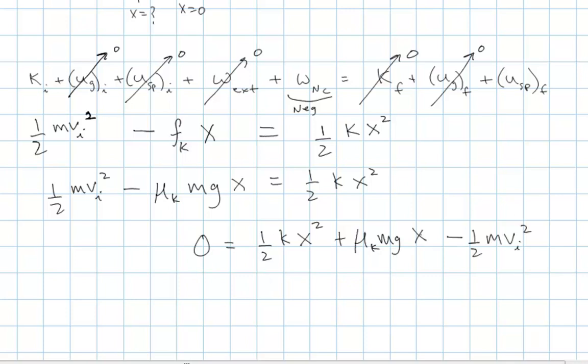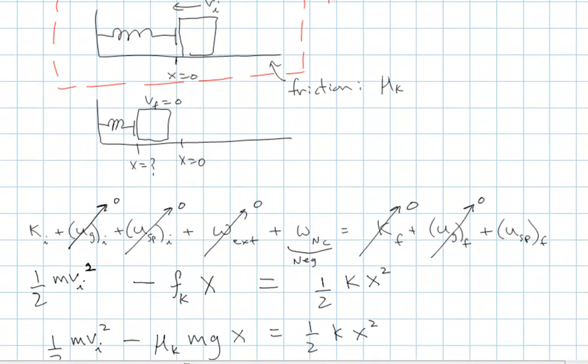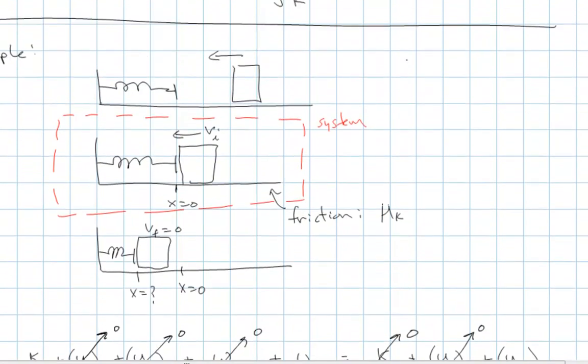Why don't I give you numbers for k, mu, m, and v initial, and let's solve this. So why don't we say that our mass is 2 kilograms. The coefficient of kinetic friction is 0.3. The spring constant is 50 newtons per meter.